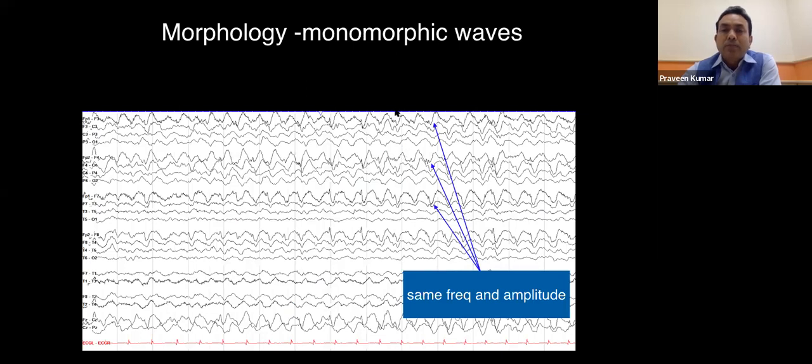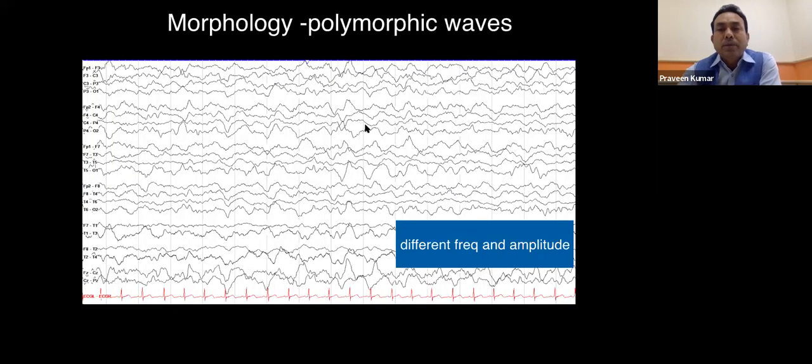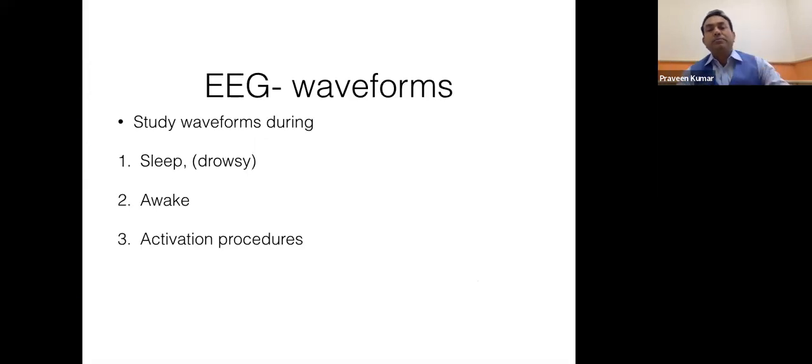This is called monomorphic waves, which can be indicative of abnormalities, seizures, or sometimes they can be polymorphic, of different morphology, like amplitude and frequency. Like here it is of different frequency, and here it is of different frequency. This is polymorphic waves.